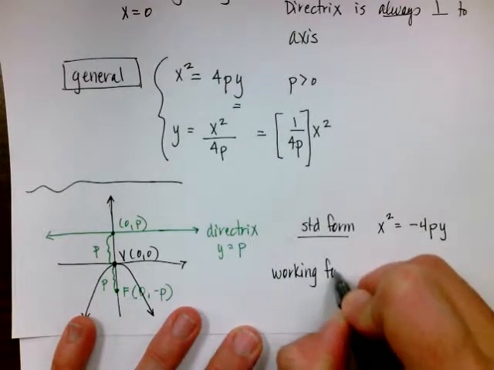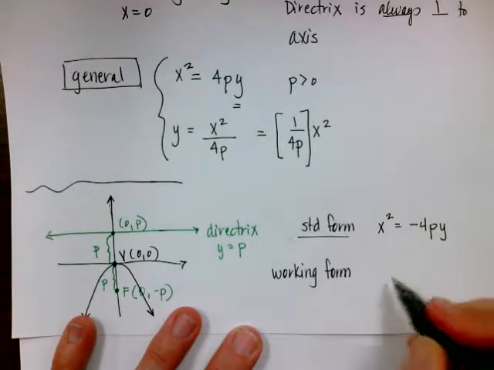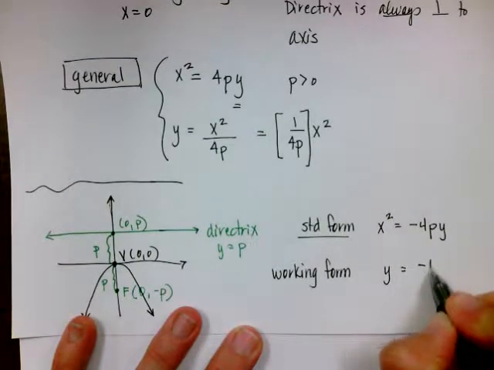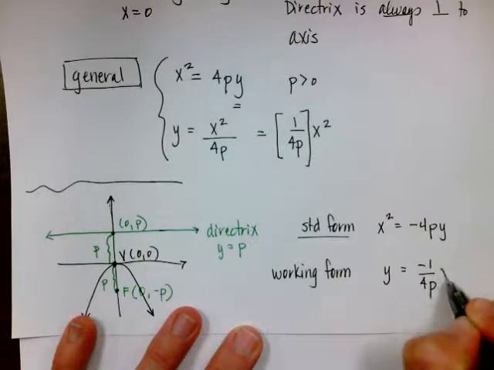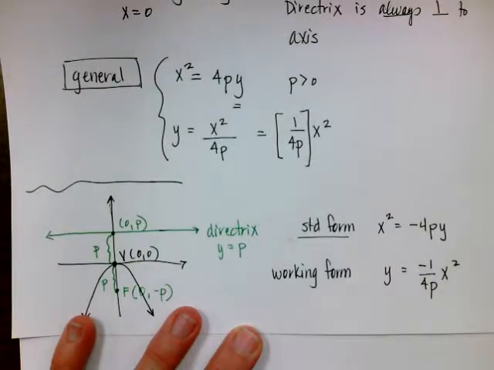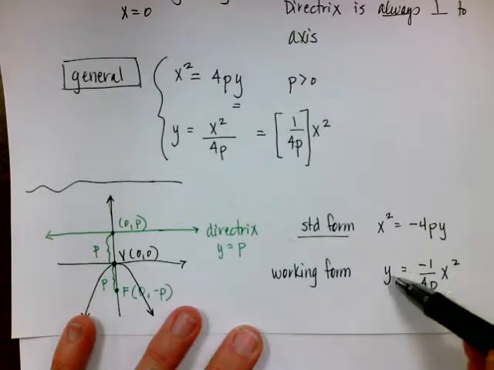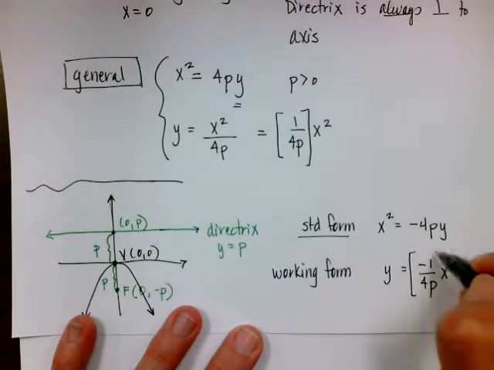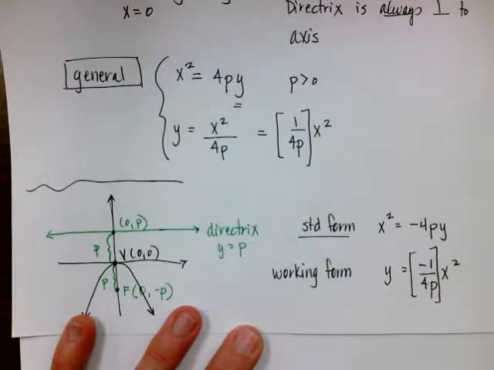I'm going to write working form because it allows me to do math a little bit easier. It is going to be y is equal to a negative 1 over 4p x squared. Okay? These two formulas are the same. I just solved for y because this is what we're used to seeing. This information is going to help us find our focus and directrix.